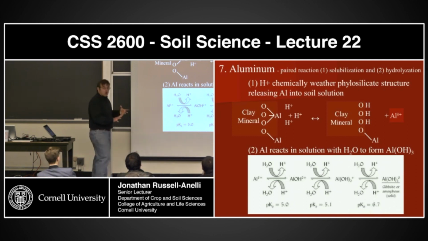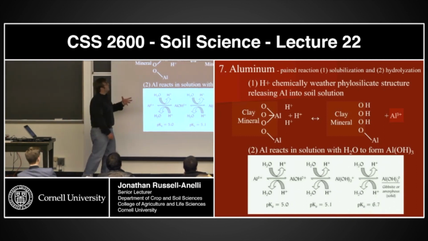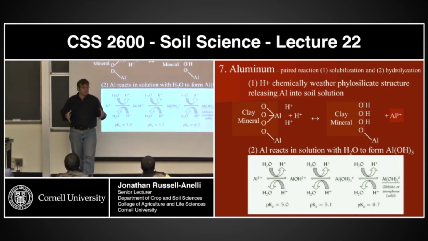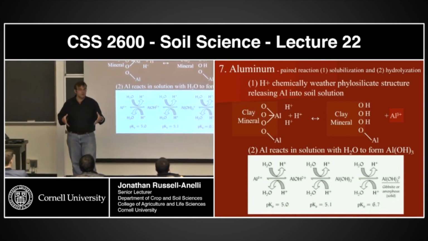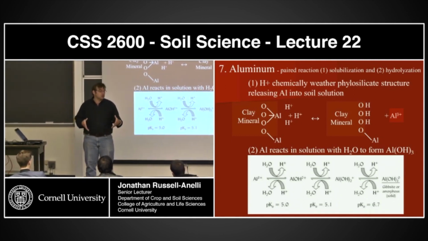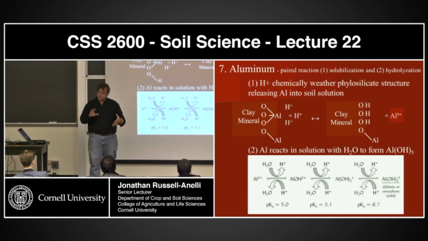Let's actually talk about how that happens. Aluminum is a fairly large ion, and it's also positively charged, +3, so it's a large ion with a high charge. Do you guys remember the cation exchange rules? It was mass, charge, size, and complementary.